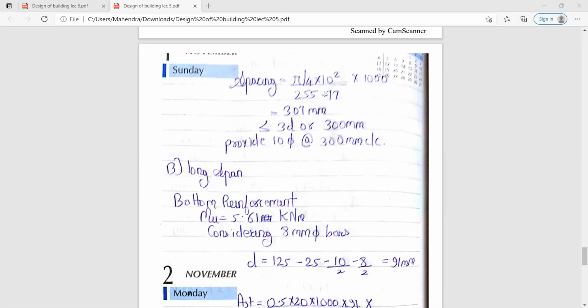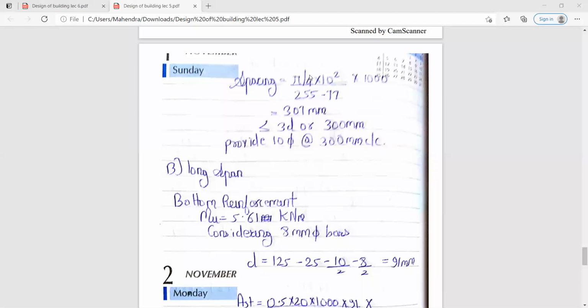So the maximum spacing we are going to provide is 300 mm center to center. So provide 10 mm phi at the rate of 300 mm center to center for the shorter span.